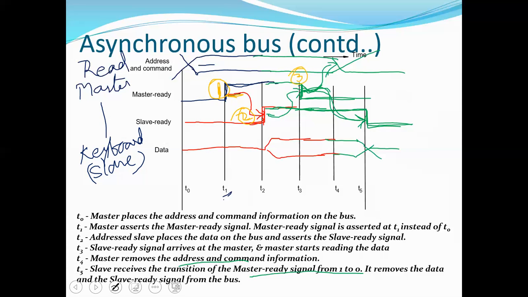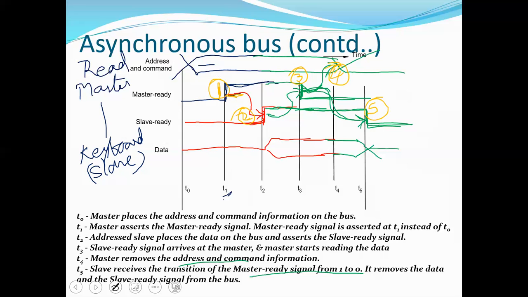Once the master comes down, the master knows that the address and command information is no longer required, so it is removed. The slave receives the information that the master is down, and once the operation is complete, the slave ready signal is also down.